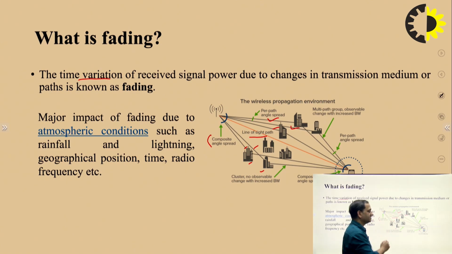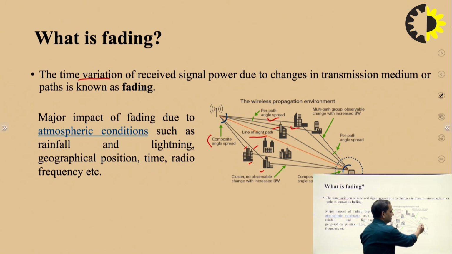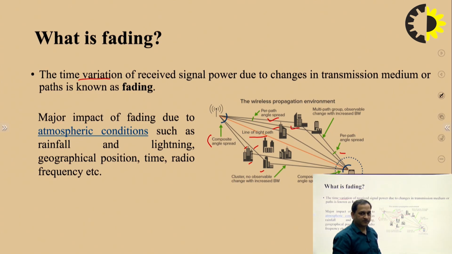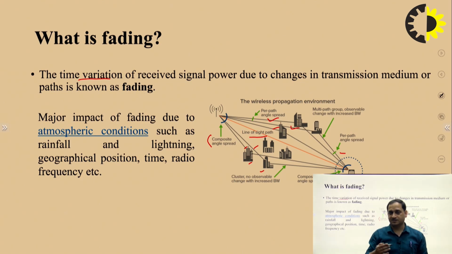There are various other measurements to find the fading. If any signal is transmitted at a different angle of transmission and received at a different angle of reception, fading may also occur, because at the transmission side and the receiver side the signal must be synchronized.